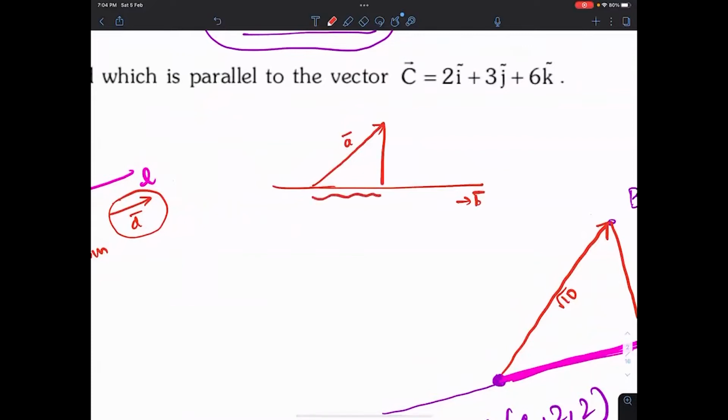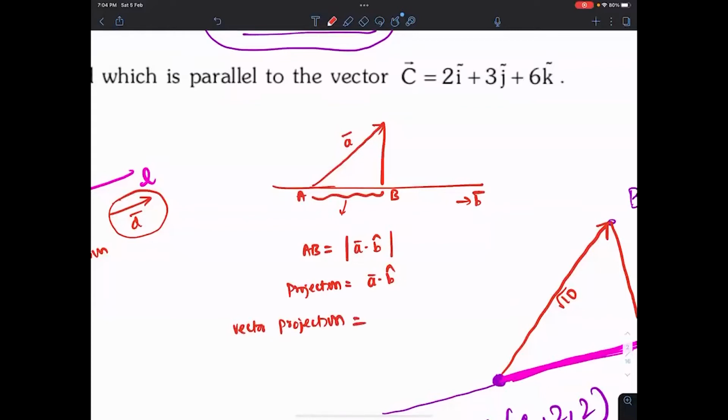So this projection length, let's say this is AB, the length will be equal to A bar dot B cap. Length means modulus you will keep. Projection simply A bar dot B cap.